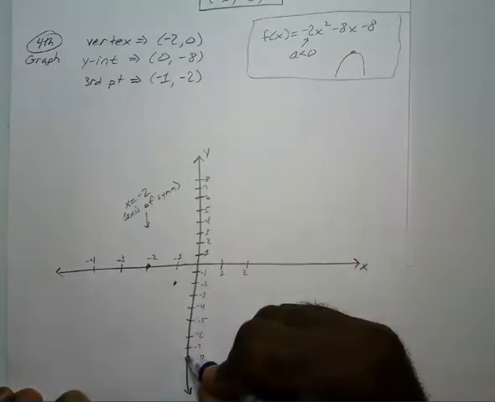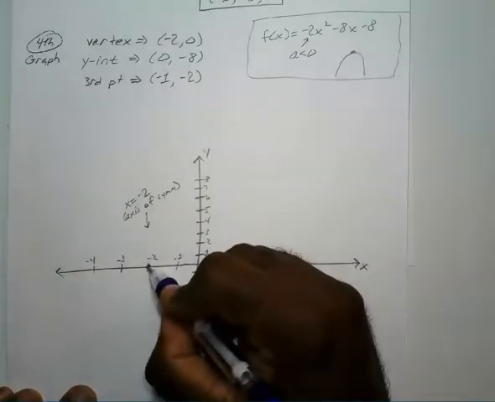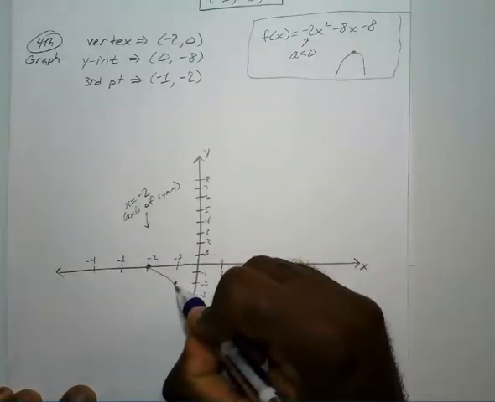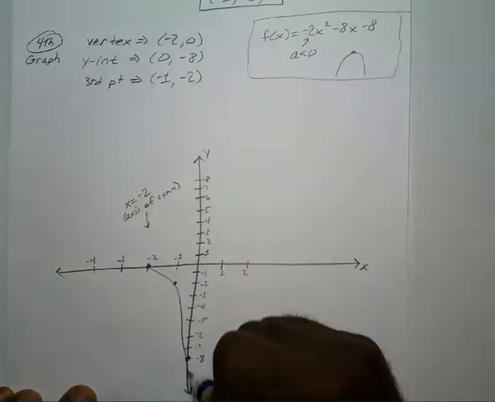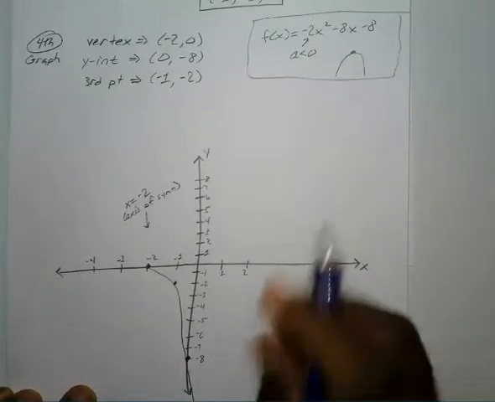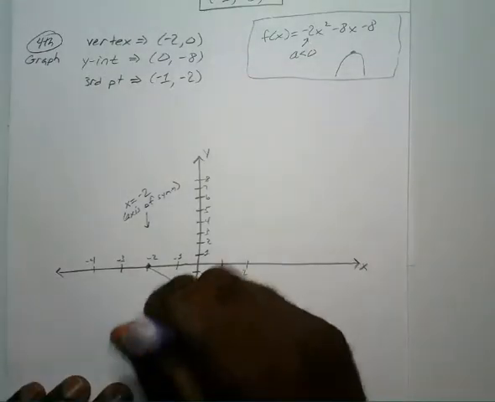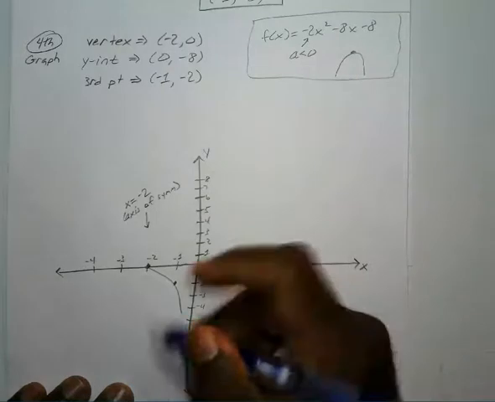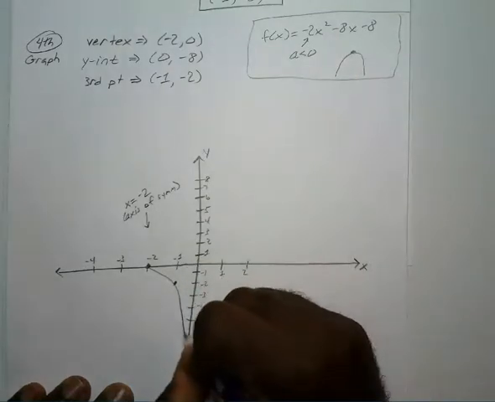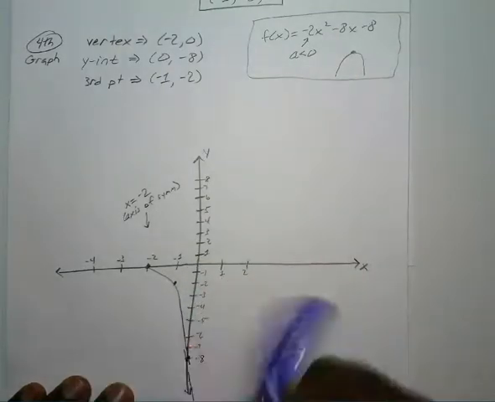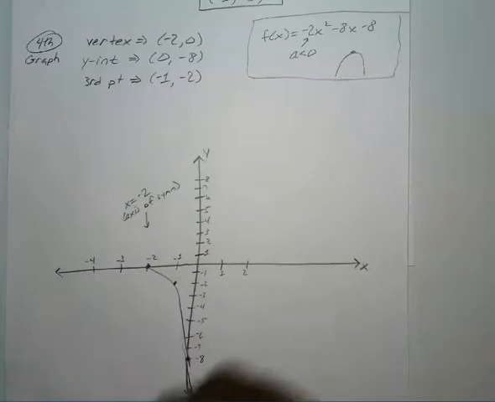So this graphs up. And excuse me if it's not the prettiest graph. It's kind of what happens when you're drawing by hand, but of course it'll look better if you use a program. Alright, so we have that. You kind of clean that up a little bit.